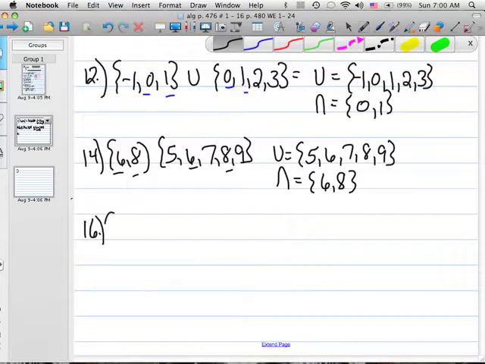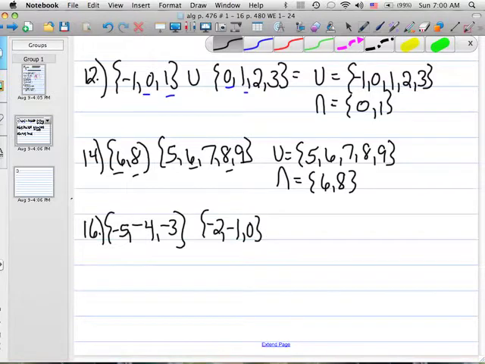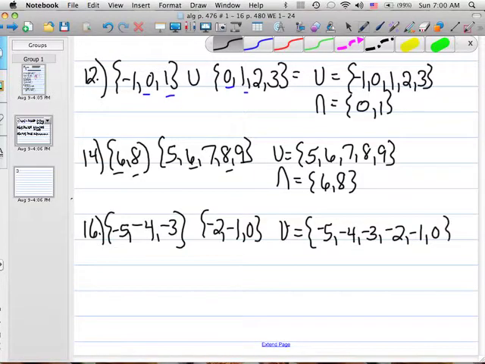And number 16, the sets are -5, -4, -3. And the other one, -2, -1, and 0. So the union is to put them together without repeating. So that would be -5, -4, -3, -2, -1, and 0.